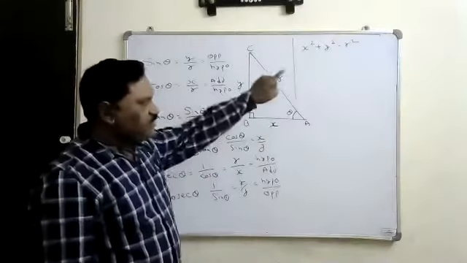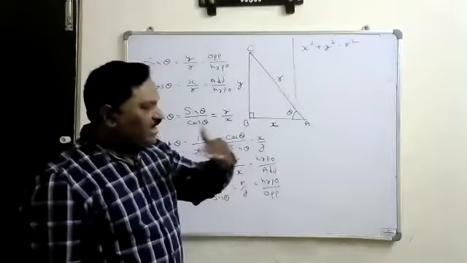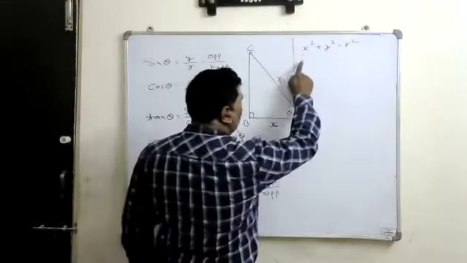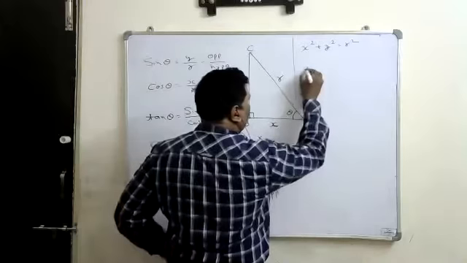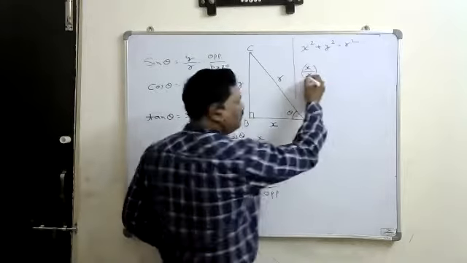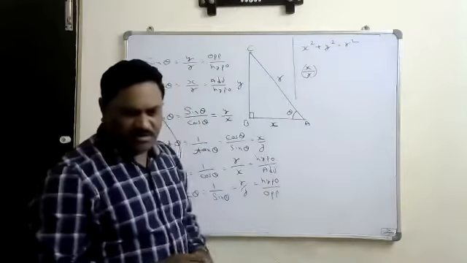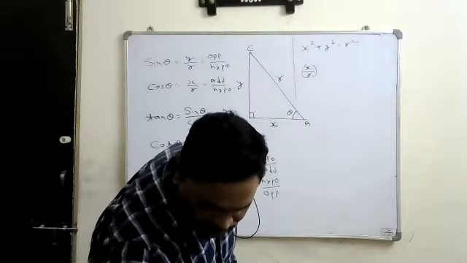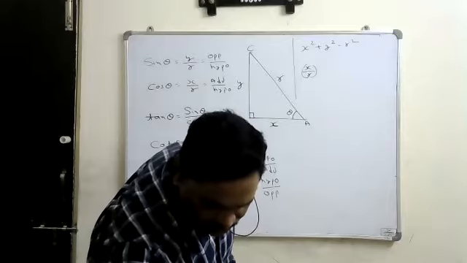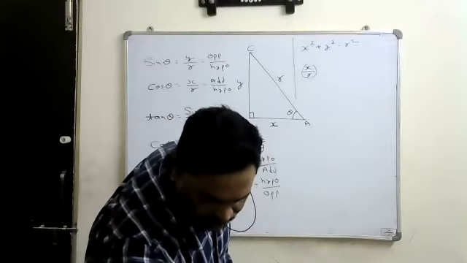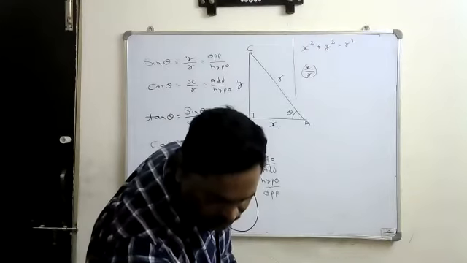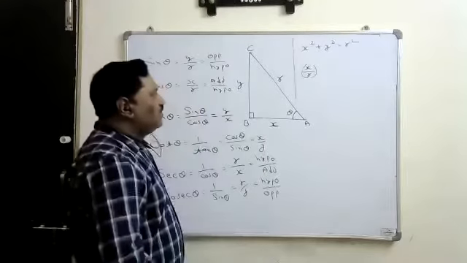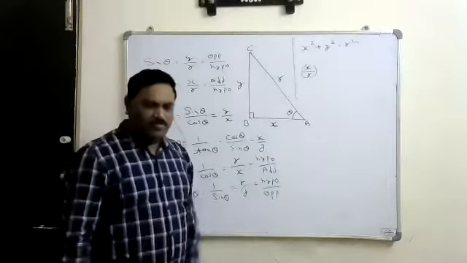In this Pythagoras law, I will divide by r square on both sides.